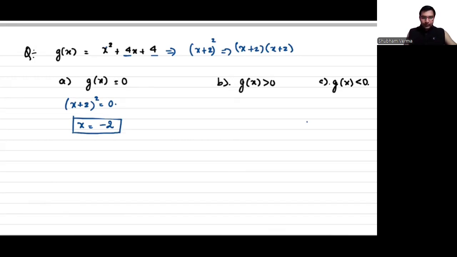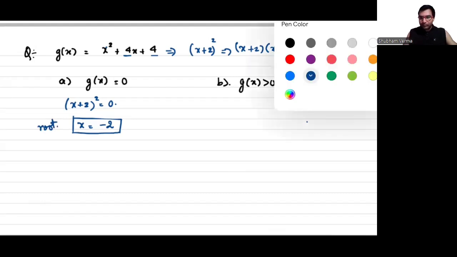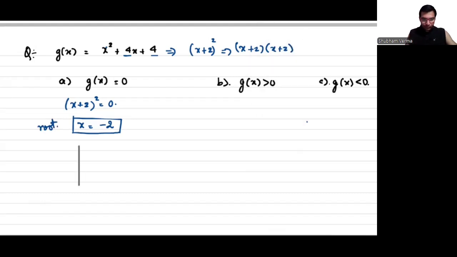Now, what do you mean by x equal to -2? This is the root, isn't it? So how will the graph look? It will look something like this. Here we have -2, and it's a parabola opening upwards because the coefficient of x squared is +1.